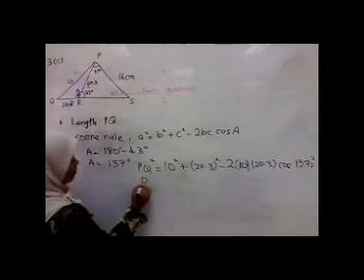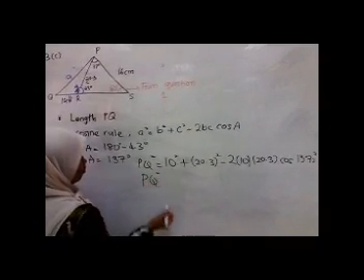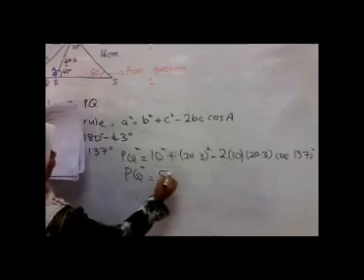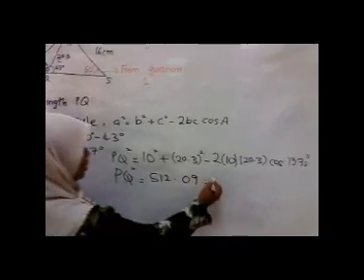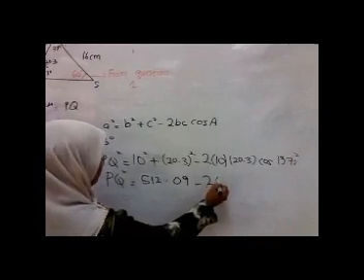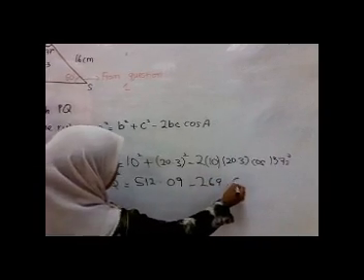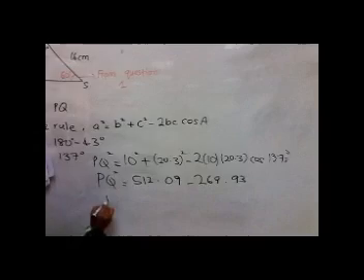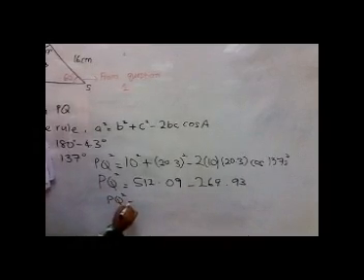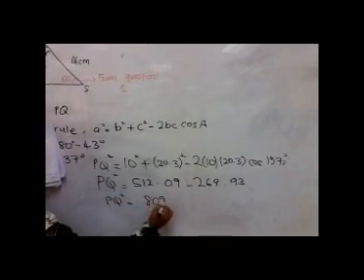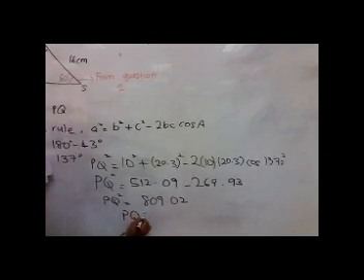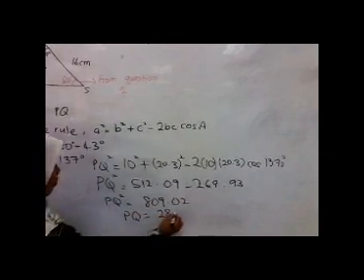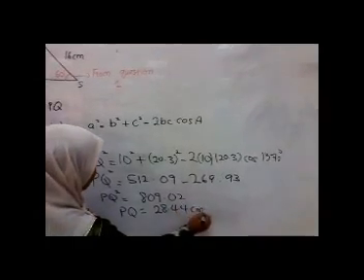So we will need some simplification. PQ square equals to 512.09 minus 2269.93. So our PQ square should be 809.02 and our PQ should be 28.44 centimeter.